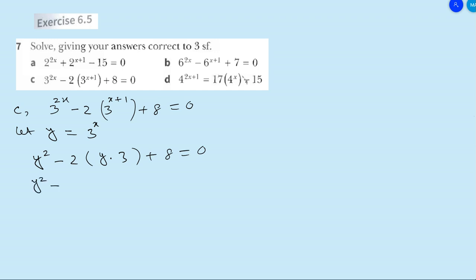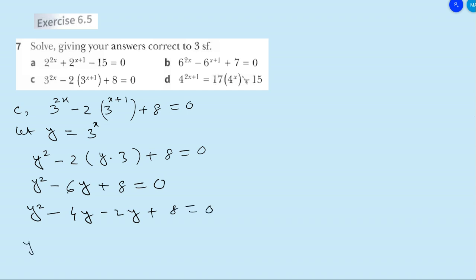y square minus 6y plus 8 is equal to 0. 8 1s are 8, 4 2s are 8, 4 plus 2 is 6, so the middle term break method can apply. y square minus 4y minus 2y plus 8 is equal to 0.